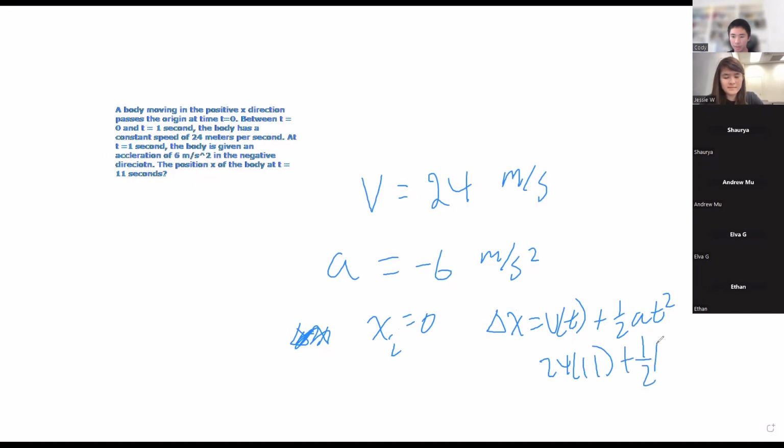Negative 6 is the acceleration, and then time is 11, right? Make sure you remember the acceleration is in the negative x direction.